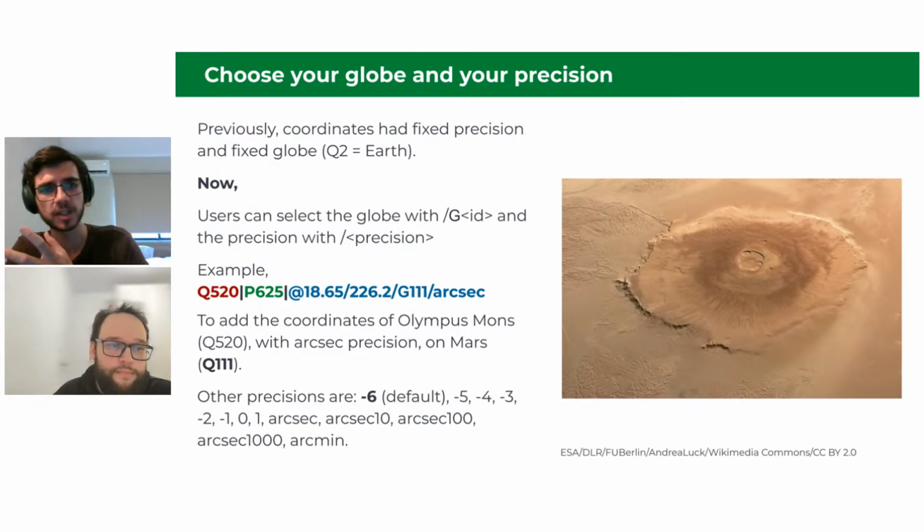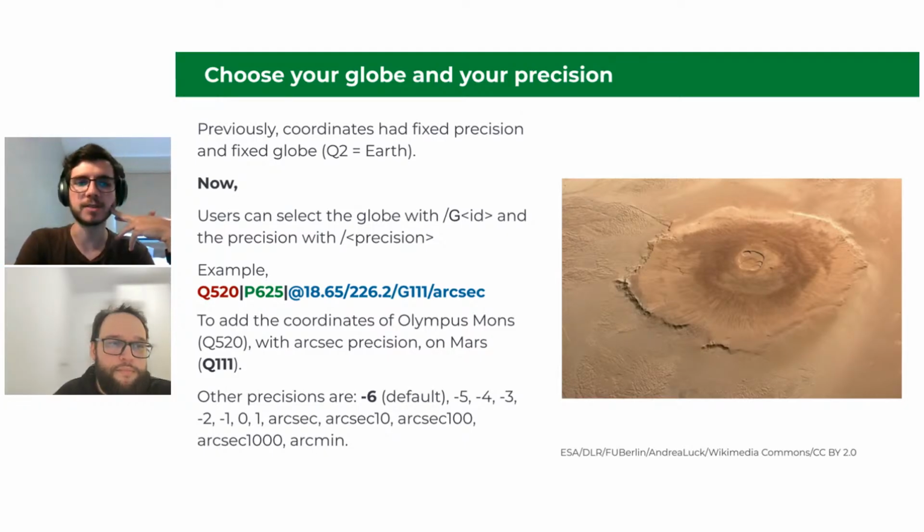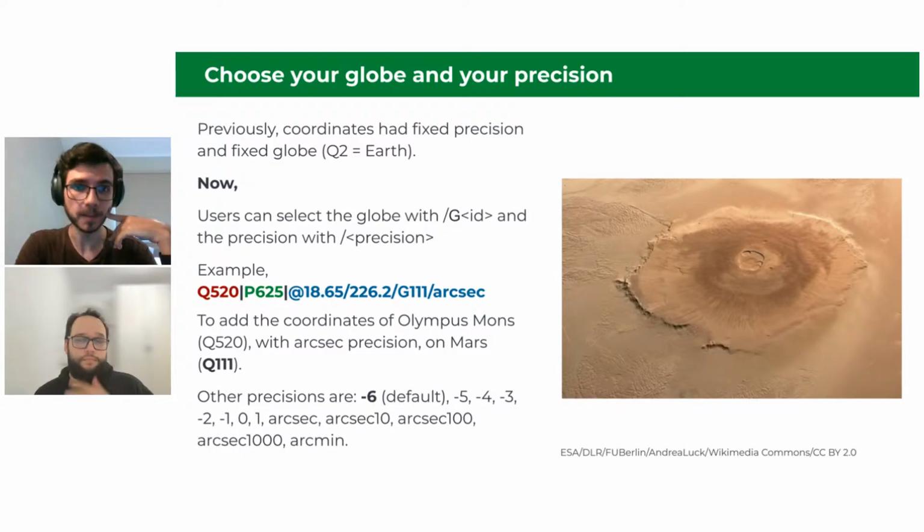You can put just a precision for Earth coordinates, or just the globe using the -6 precision as well. For example, this is the command to add the coordinates of Olympus Mons, which is Q520, with arcsec precision on Mars, which is Q111. So we are inputting a coordinate that's not on Earth, that's on Mars. That's very nice as well.